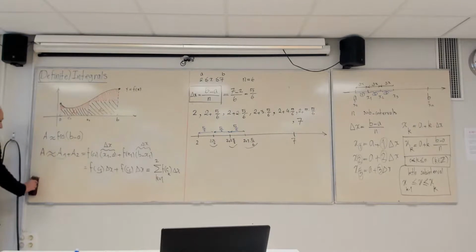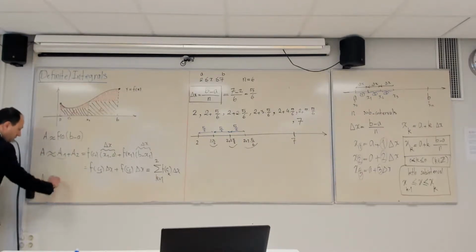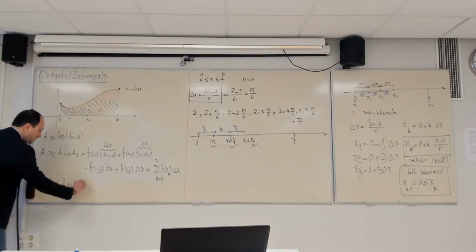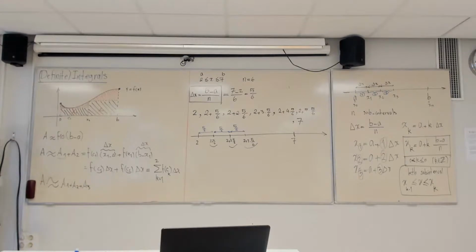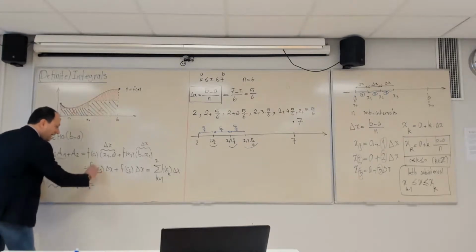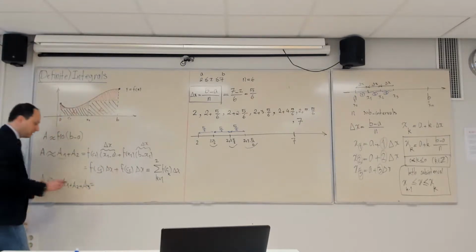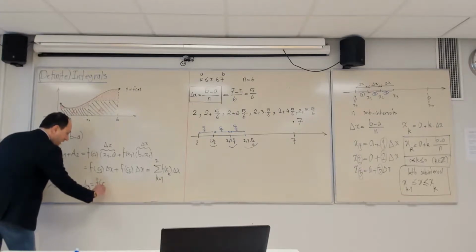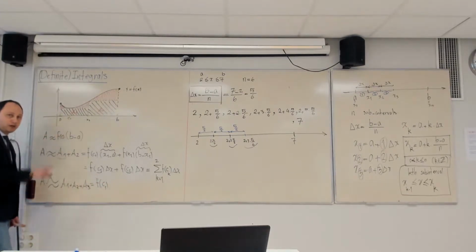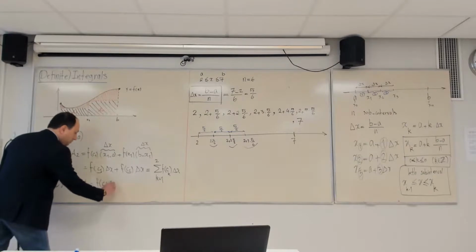Okay? So if I go to the third case, then still A, the total area that I want to calculate, is approximately, but this time a better approximation, with summing three rectangles. All of them will have the same type of structure. It would be f of some value, which gives me the minimum of my function in the first interval, multiplied by delta x.